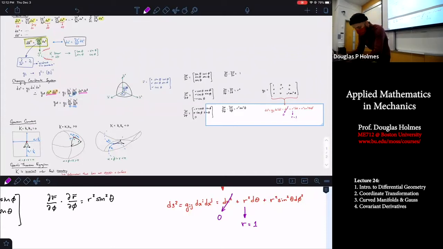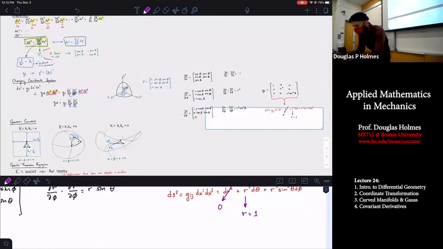And so therefore, the metric reduces. Our distance on the surface of the sphere just becomes d phi squared plus sine squared theta d theta squared. So just to be clear, this is on surface.